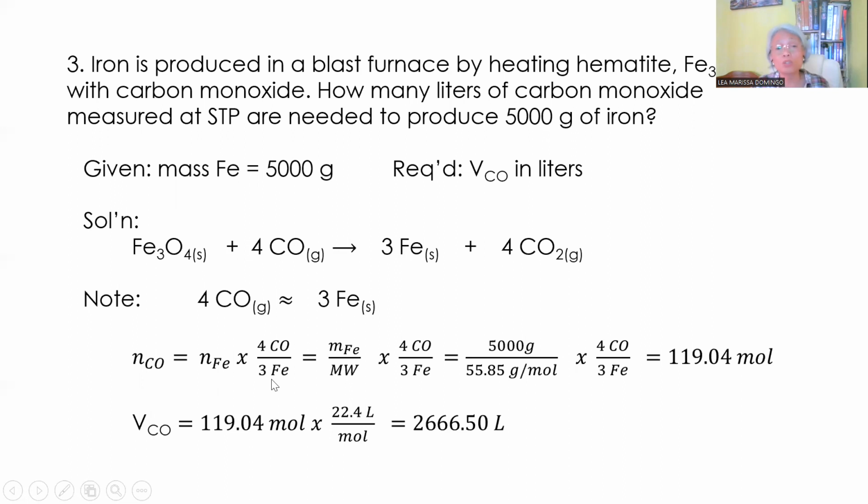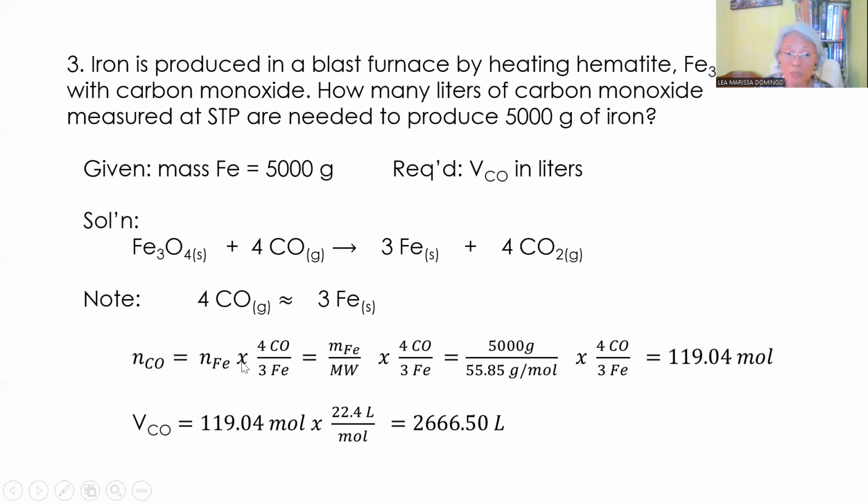So paano gagawin? So yung formula, no? Na mass over MW. Okay? So to be able to solve for the number of moles of carbon monoxide, so we need a ratio and proportion equation such that the number of moles of iron times 4 moles of carbon monoxide divided by 3 moles of iron should be used, no?